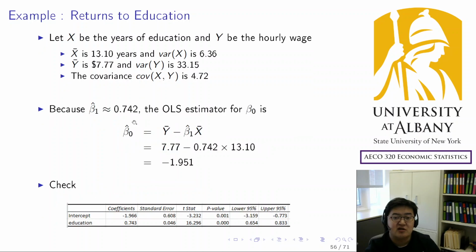So average hourly wage minus estimated slope times average education. Then you get minus 1.951. So compare the results: 0.742 and minus 1.95. Similar; of course, the difference is the rounding error, which happens because our example is rounded to the second decimal place.